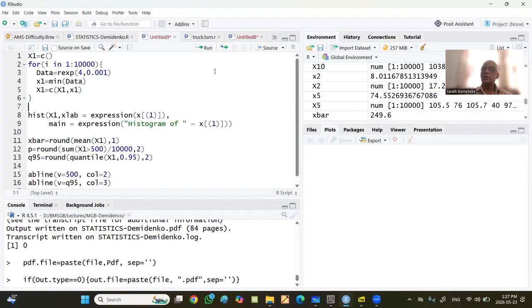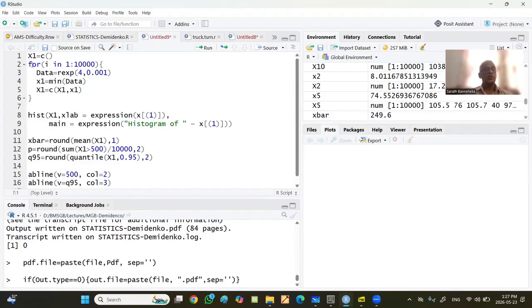So I'll first create capital X1. I'll create an empty vector because I want to build up that vector by generating a sample of size 4 observations from an exponential distribution with rate parameter 0.001, and then finding the first order statistic value, and then combining that with capital X1 and do that 10,000 times to generate 10,000 possible values of X1, right?